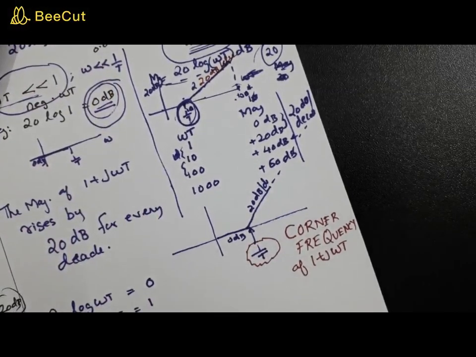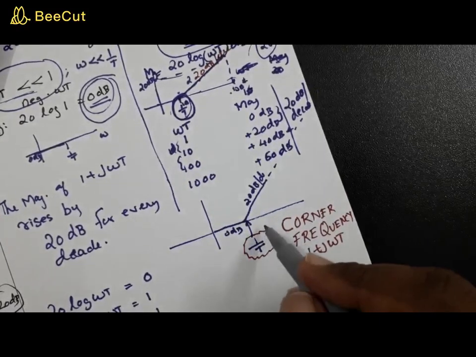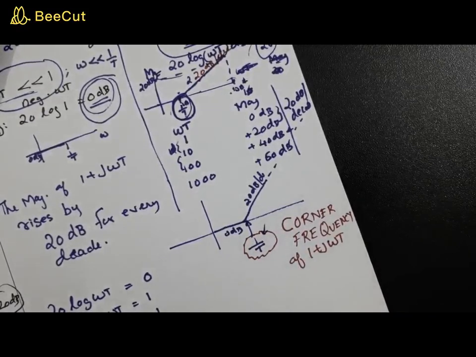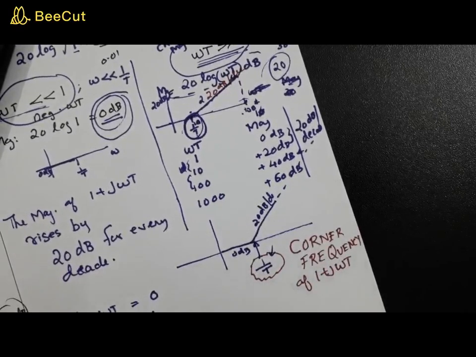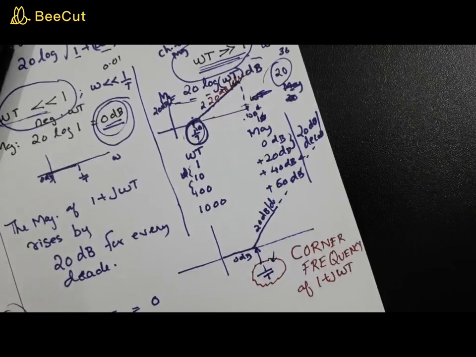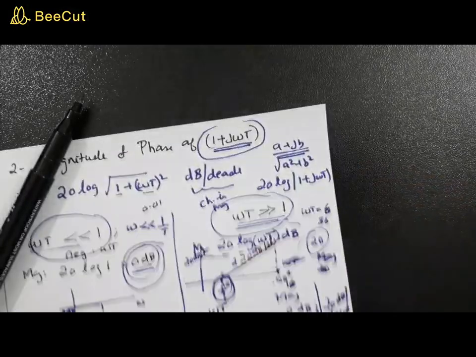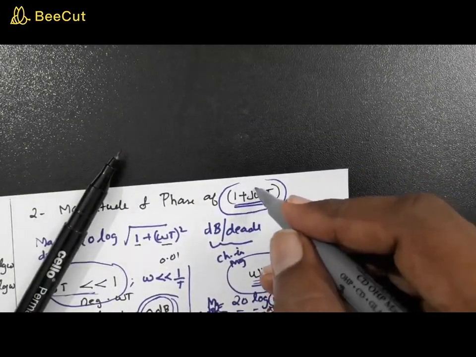For example, I'm going to consider 1 plus j omega 0.2, right? What's the meaning of this 1 by t? 1 by t is actually the reciprocal of the term that comes along with the j omega.